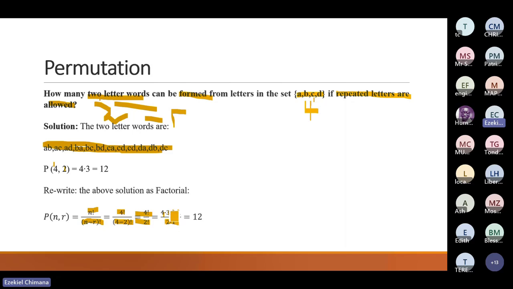You can cancel these, and you're left with 4 times 3, which equals 12. So 12 is your answer, the total number of permutations that you can form there.